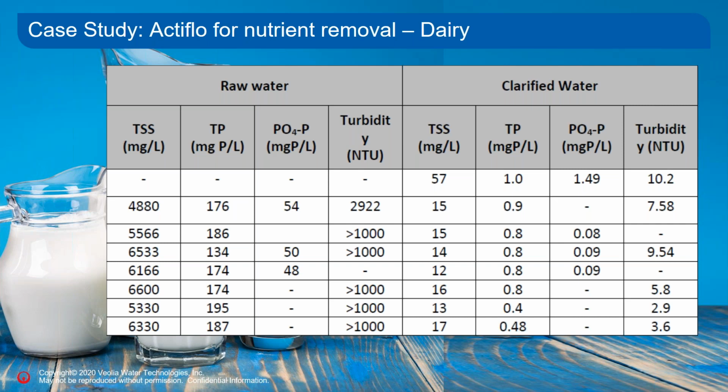And in a single stage of ActiveFlow for this dairy, we accomplished two things. We accomplished both phosphorus removal and suspended solids clarification for this activated sludge process. And in a single stage, we were able to achieve less than 50 milligrams per liter of TSS and reliably less than 20, actually, as you can see. And total phosphorus was removed to under 1 milligram per liter, which I think is a very interesting result, and it has very nice application throughout the industry.